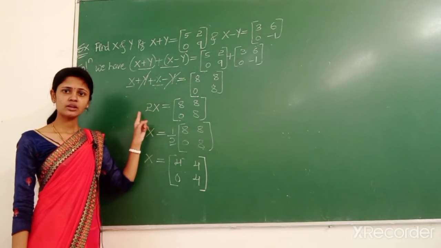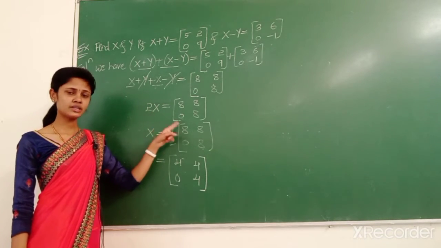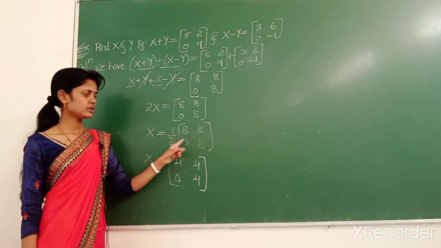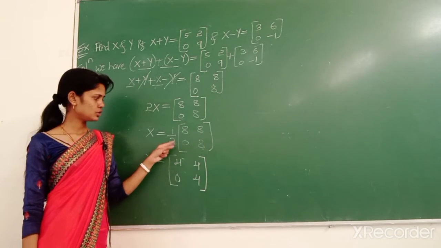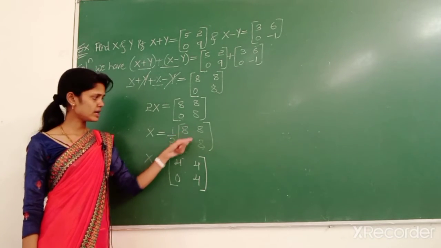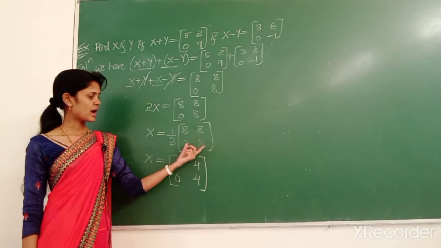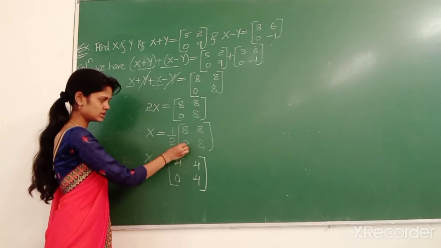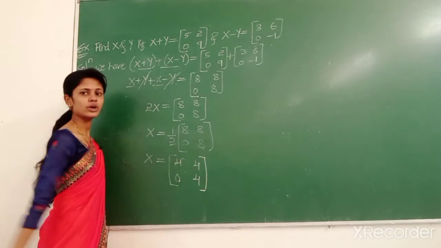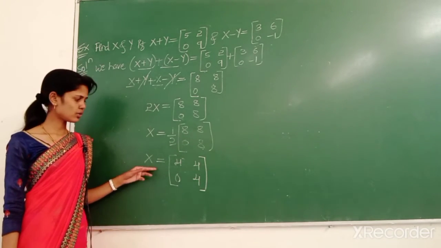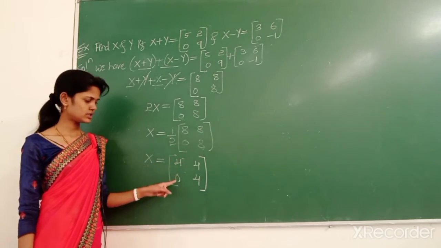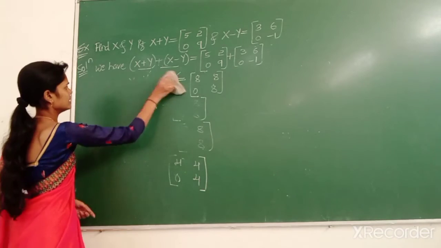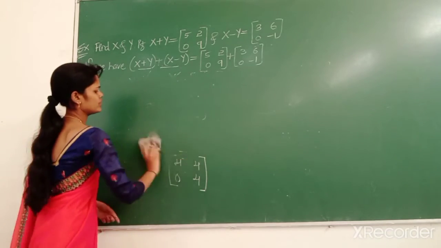So if you take it to the RHS, X is equal to 1 by 2 into [8 8; 0 8]. So 2 must divide each and every term of the matrix. So 8 by 2 is 4, 8 by 2 is 4, 0, and 8 by 2 is once again 4. So X is equal to [4 4; 0 4].